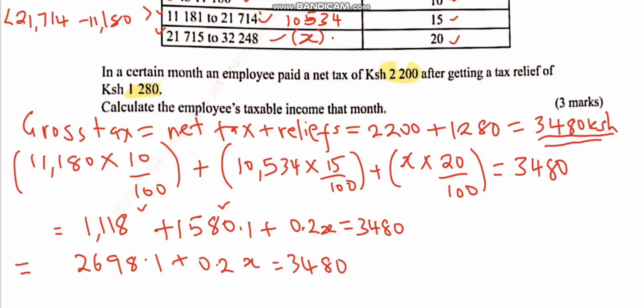Sasa hii kwa vile positive peleka the other side, so uta subtract na 2698.1. Sawa. So itakupa 0.2x is equal to, subtract the two of them, subtract to 3480, itakupa 781.9.